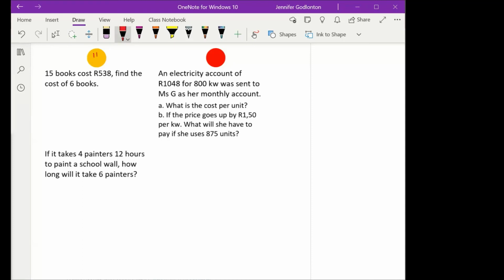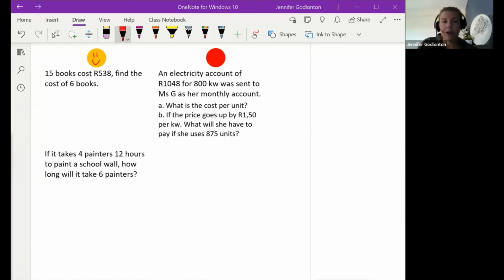I'm going to leave you with Mr. Shongwe now, and he's going to help you with the rest of these robot questions. If you need any help, he is here for you. But I really would like for you to start working on the 2 orange questions. My hint to you is that one of them is direct proportion and one of them is inverse proportion, and you need to figure out which one it is to figure out what the answer would be.